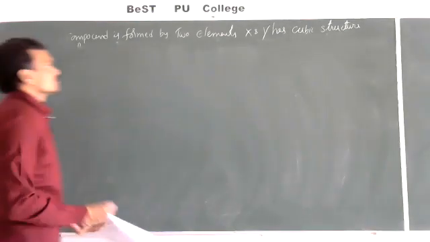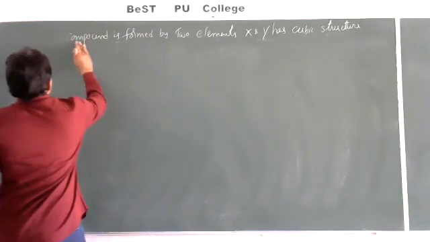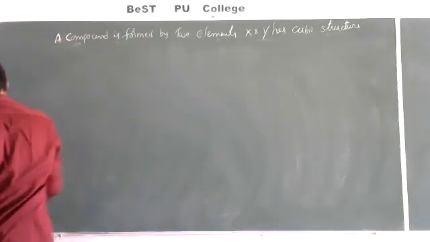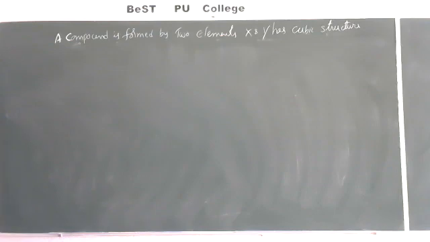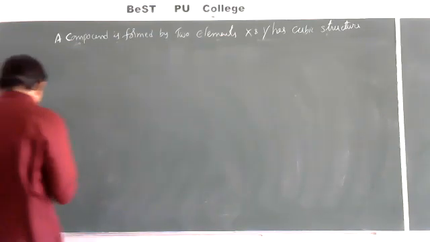Now see here, one more. A compound is formed by two elements, X and Y, which has a cubic structure.